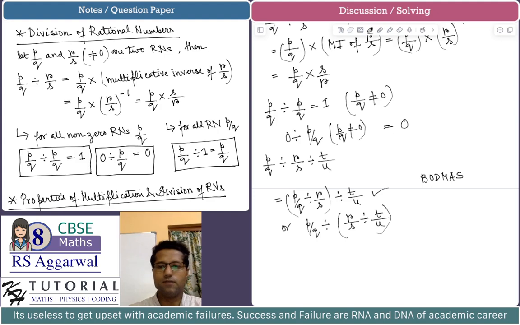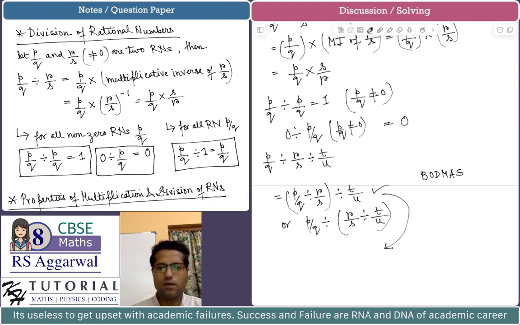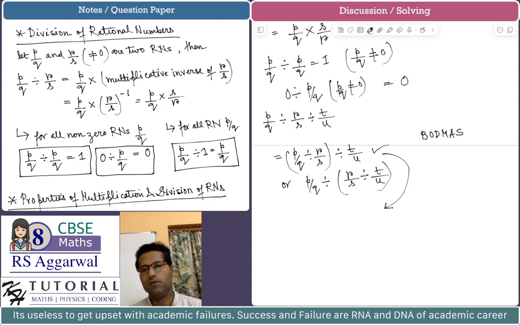I am not sure at this moment if this is the exact rule for division of 3 or more rational numbers, but from left to right you evaluate the division taking 2 rational numbers at a time. So first, p by q divided by r by s becomes p by q multiplied by the multiplicative inverse of r by s, which is s by r.